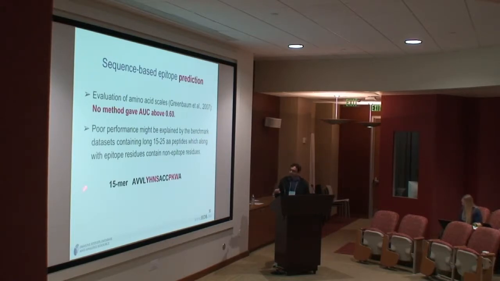In the benchmark data sets, you might have long peptides where only a few of the residues are actually epitope residues which directly contact the antibody. But the other residues are also taken in the training data set, and that might actually reduce your accuracy.